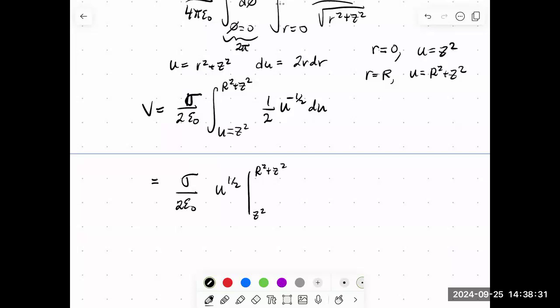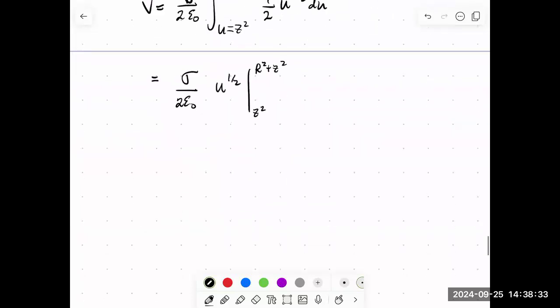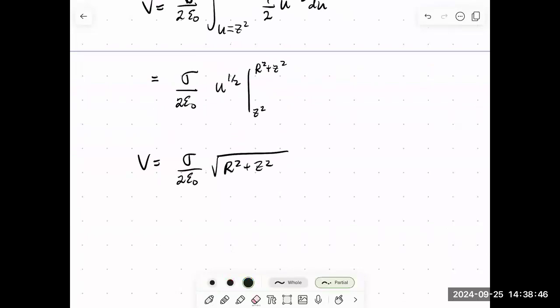And then if we've done this correctly, which it looks like we have, we get V is equal to sigma over 2 epsilon naught times the square root of R squared plus z squared minus z, like so.